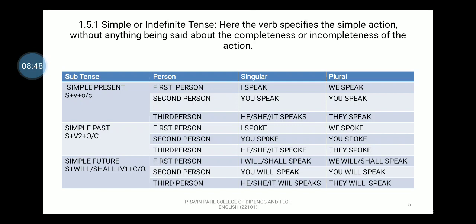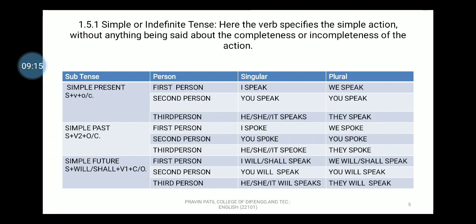It refers to time, and there is a need to use tenses in the proper situation for effective communication. There are 3 types of tenses: present, past, future, and 4 sub-manners: simple, continuous, perfect, and perfect continuous. Here is simple or indefinite tense.